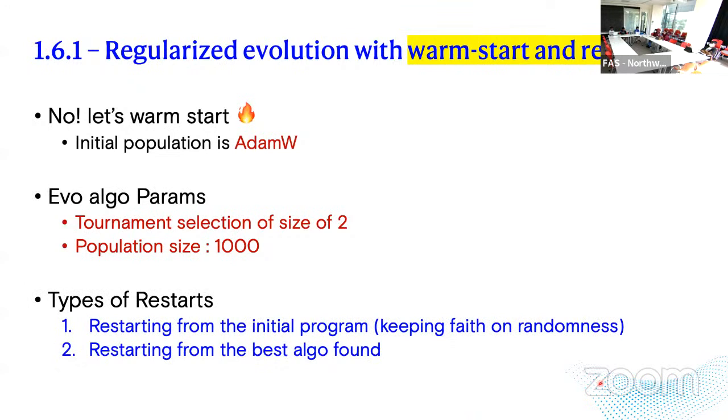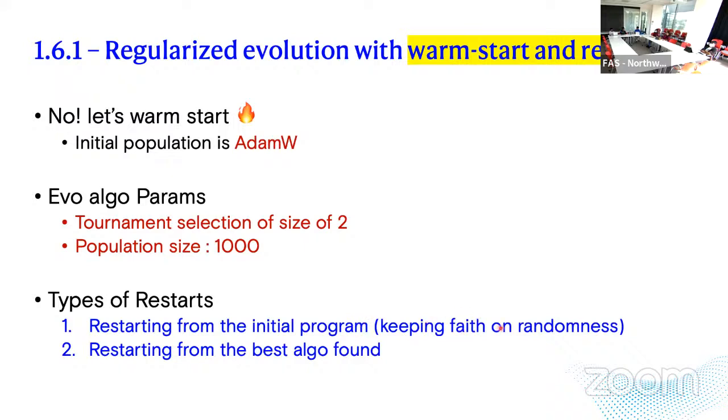And with this warm start, they use something called pre-start. There are 2 approaches we can take. The first one is we just restart again, keeping faith in randomness, so there's no random seed fixed or anything. This sort of restart we can do in parallel, because it's just running at 2 different times.